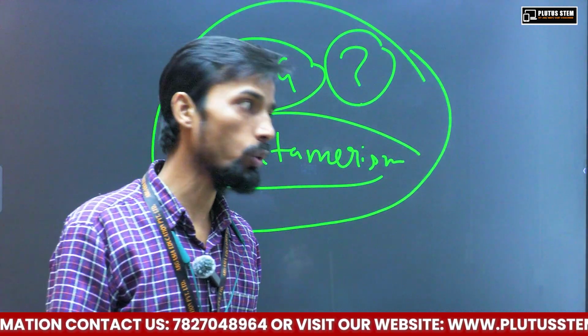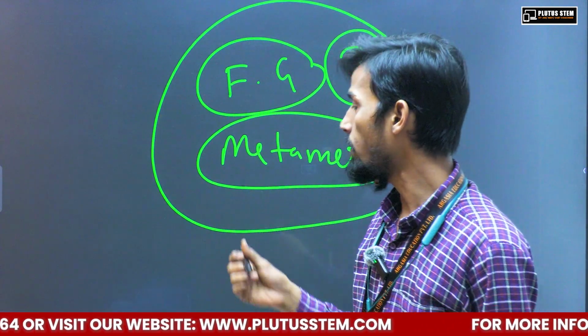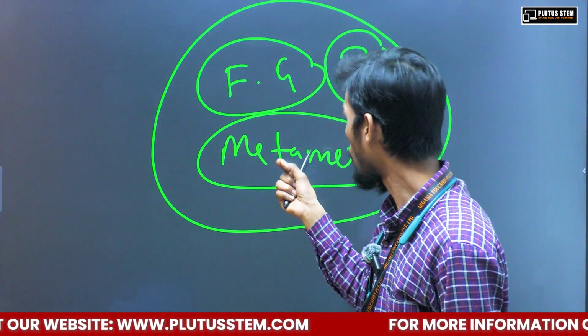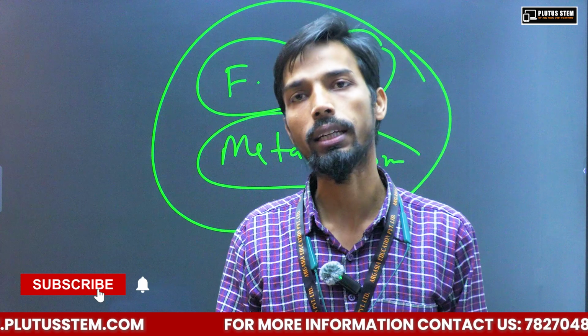The answer to this question you are going to get in the next video. So I hope you continue the series and we will discuss whether functional group isomerism and metamerism are present or not in haloalkane and haloarene.